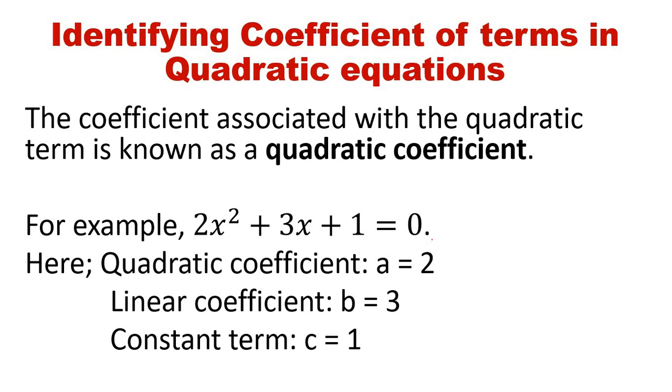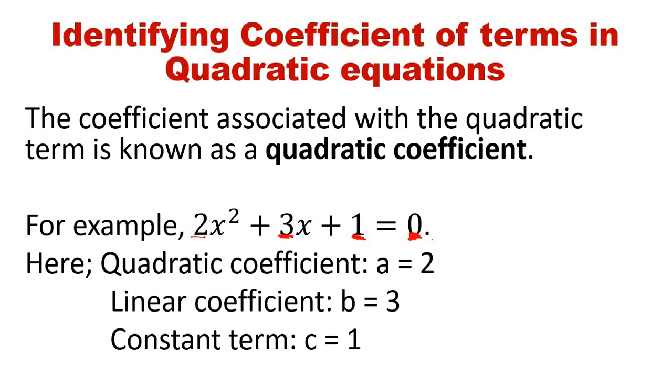Your quadratic coefficient is the coefficient of x squared, and that is 2 in this given equation. The linear coefficient is the coefficient of x, here 3, and that is your b. The constant term is the free term, which is c. And remember, the right hand side of the equation must be equal to 0.